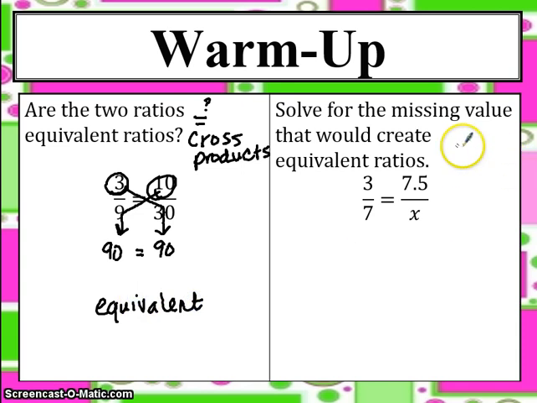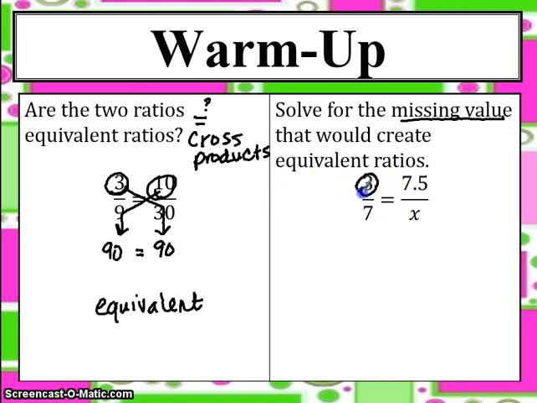Now, knowing that can help us find a missing value, because if we know that they are equivalent, then we can use cross products to write a one-step equation.